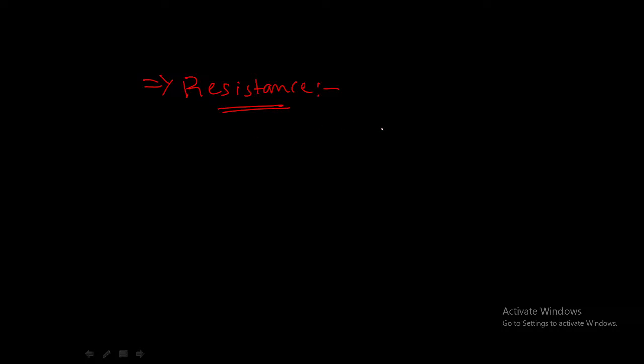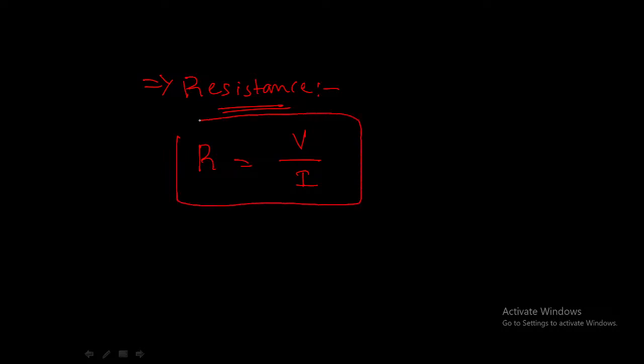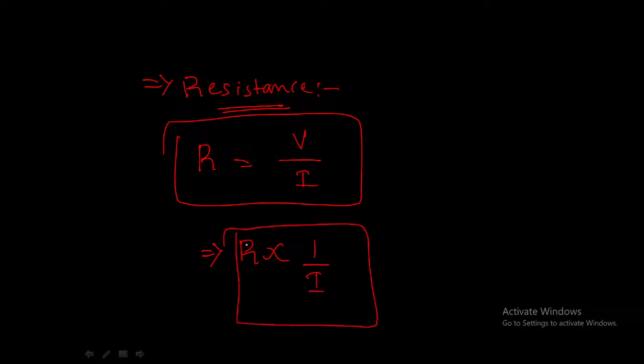If the resistance is less, the current will be more. In general, resistance is given by voltage by current, so R is inversely proportional to I. We know this already: if resistance increases, current decreases, and if resistance decreases, current increases.